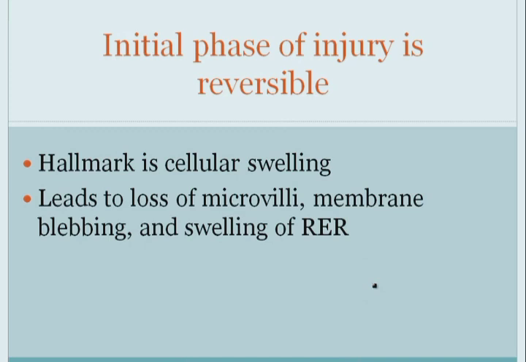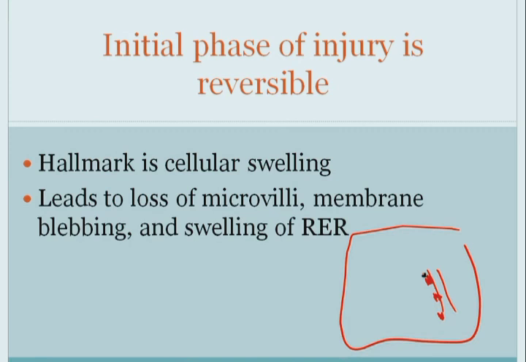All right, the third problem that could arise in reversible injury is swelling of the rough endoplasmic reticulum. If we've got a cell, and within that cell we've got this endoplasmic reticulum, and this is rough endoplasmic reticulum with ribosomes sitting along the edge, that organelle itself is going to fill up with water, and it will swell. And when it swells, that will also be a sign of reversible injury.